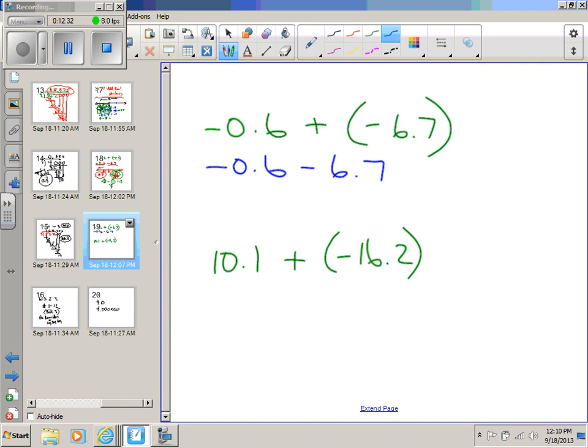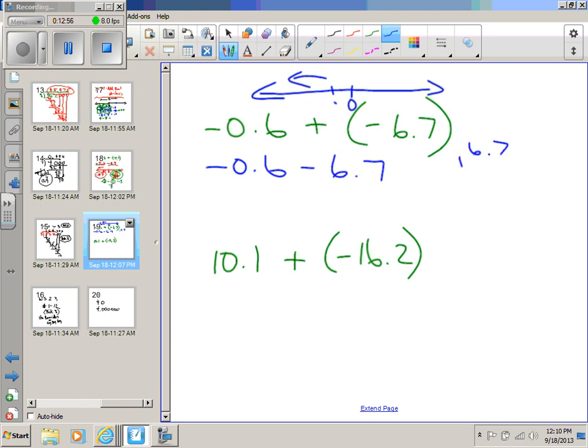I'm going to start at negative 0.6, and I'm going to go which direction? I'm going to go further to the left, right? I'm going to become more negative. So then, what did I essentially have to do with the 0.6 and the 6.7? Yes, add them.